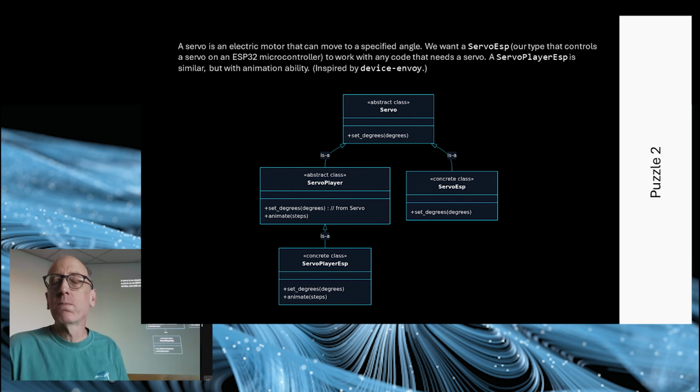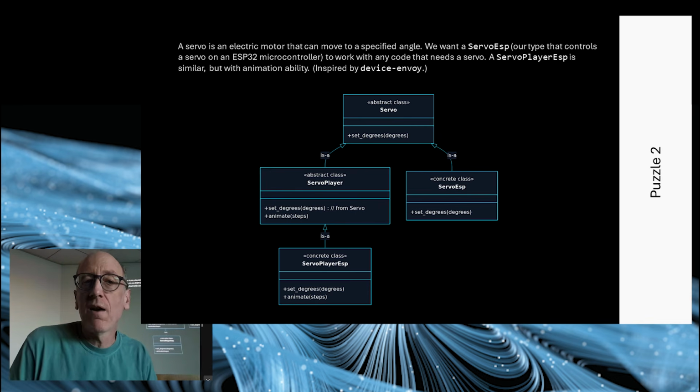And so what do we want those servos to do? Well, a servo has to have a set degrees method, maybe some other methods. And for our particular microcontroller, say our ESP32 family, we'll want a concrete type servo ESP that actually has a specific implementation of set degrees.